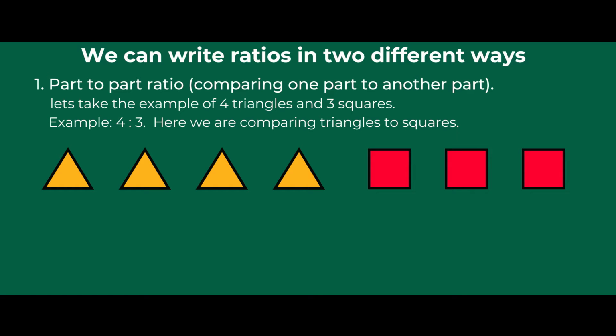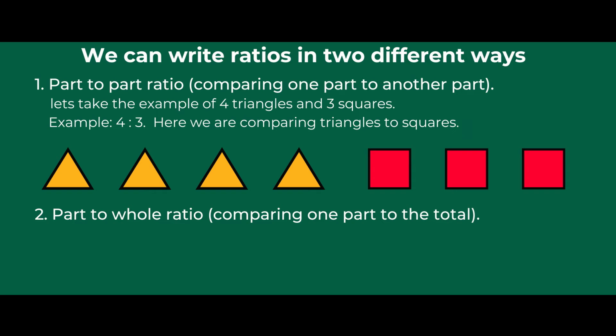Here we are comparing triangles to squares. That means triangles are one part of the ratio, and squares are another part of the ratio. So we are comparing part to part of ratio.